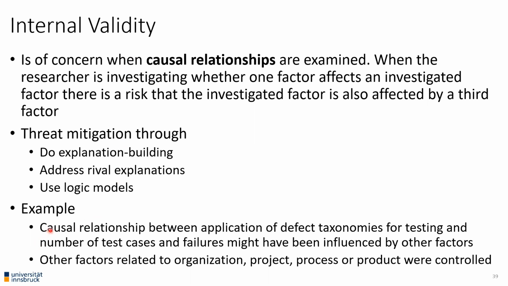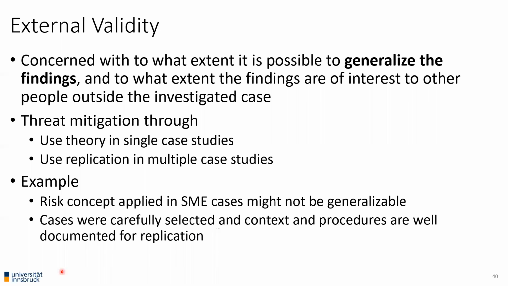An example in our setting could be the causal relationship between the application of defect taxonomies for testing and the number of test cases and failures, which might be influenced by other factors, like the effort that is invested in testing and so on, the maturity of the product. And in order to mitigate that, we tried to control or make these two projects as comparable as possible by giving them the same characteristics. That was one way to deal with this threat to internal validity in our setting.